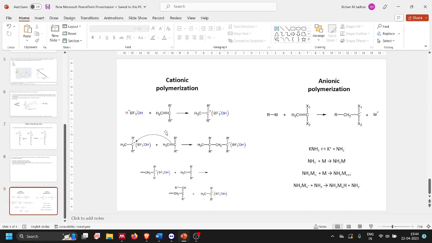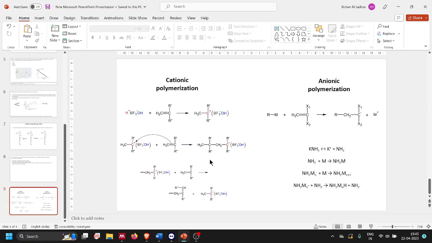These can be used to initiate the cationic species onto the monomer, which will then undergo propagation. Other than this, there is another method where you use ionizing radiation to ionize the monomer itself and create a cationic group there, and that will initiate the reaction. So based on this, the initiation occurs.